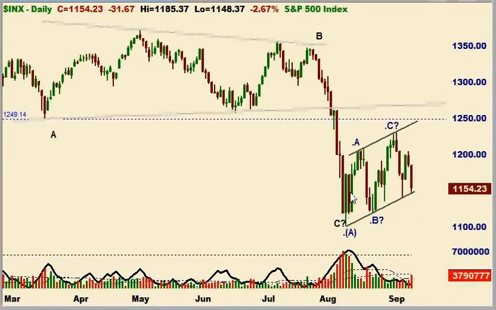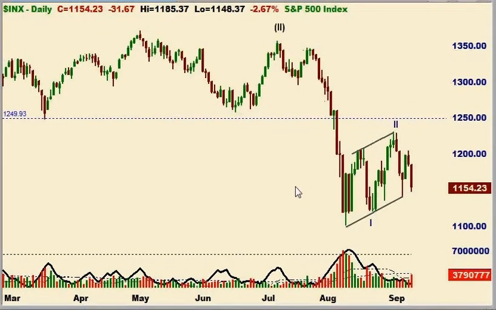Here indeed is another alternate count, and this allows for the corrective rally that I believe we're in to have already terminated up around the 1230 area. Here is the very popular and very bearish count showing a wave 2 peak in July, and from there an impulse wave down with a fifth wave failure, which certainly is a possible count.